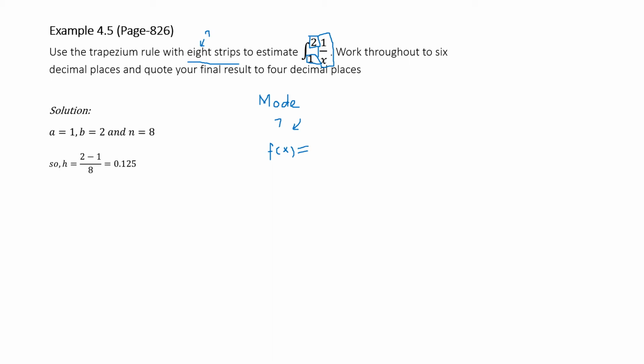Then I will write in this display 1 divided by x.